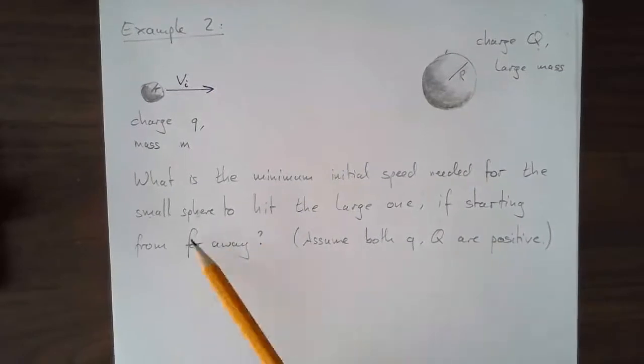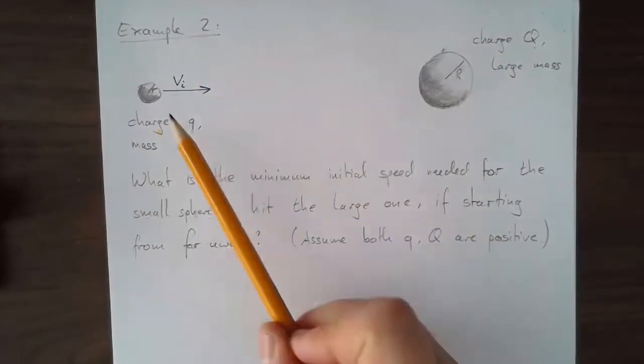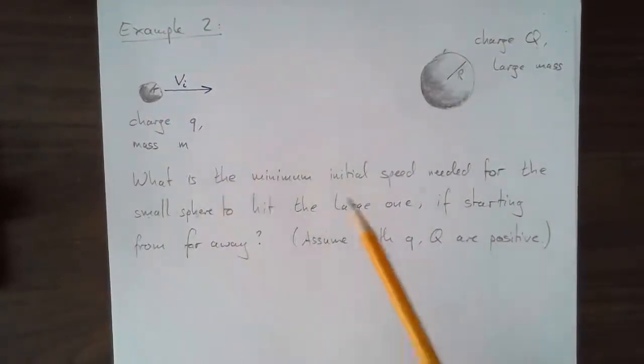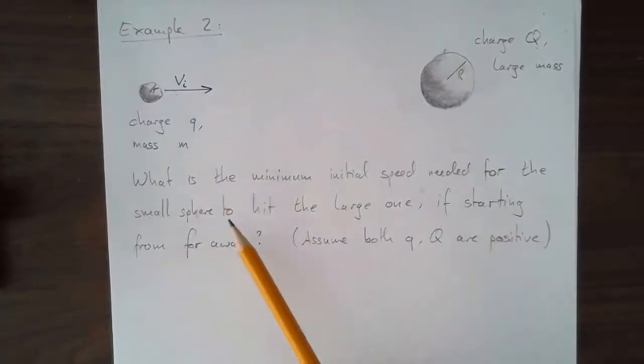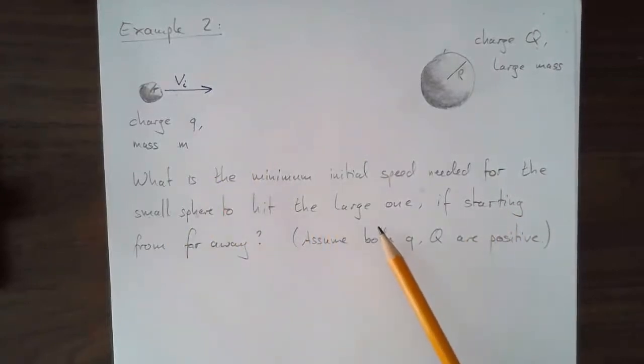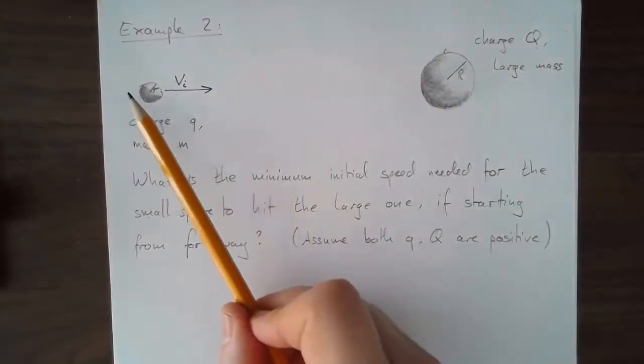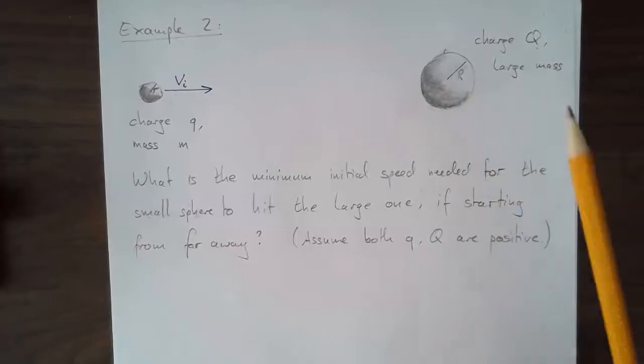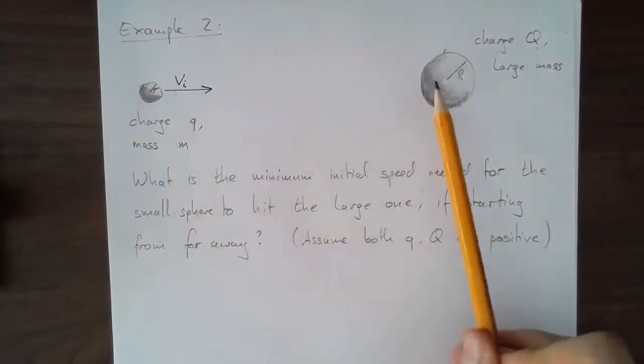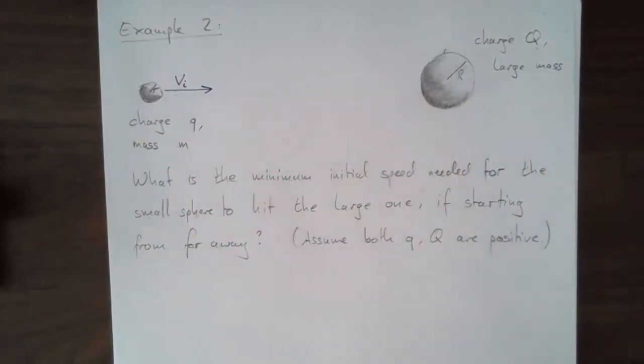I'm asking, what is the minimum initial speed that a little charge has for the small sphere to hit the large one if starting from far away? Right, so imagine this one is really far away. I'm aiming it at this ball I'm shooting, but I assume they're both positively charged, could be both negative, but same sign, so there's a repulsion force between them.